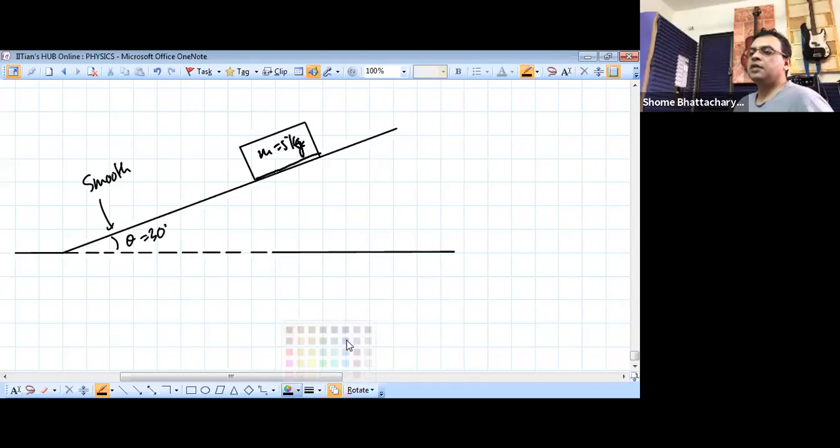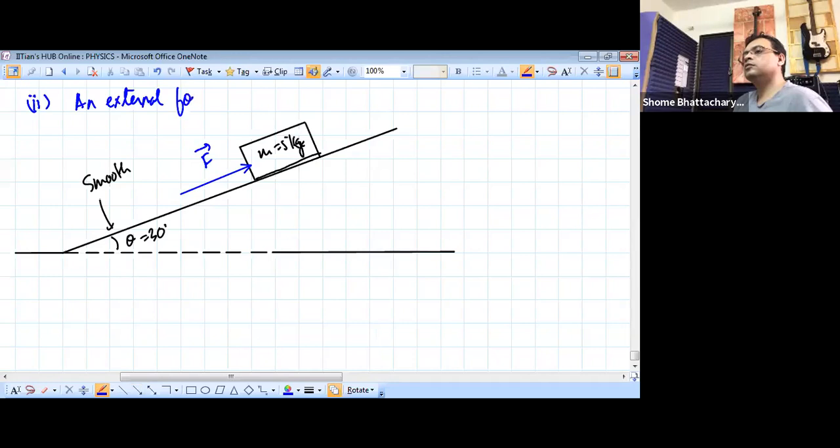Block, but now additionally, I'm applying a force parallel to the inclined plane. Remember, we were applying an external force parallel to the inclined plane of magnitude 20 Newton. So, in case 2, an external force of magnitude 20 newtons is applied parallel to the inclined plane.